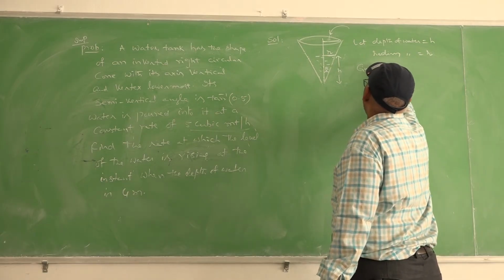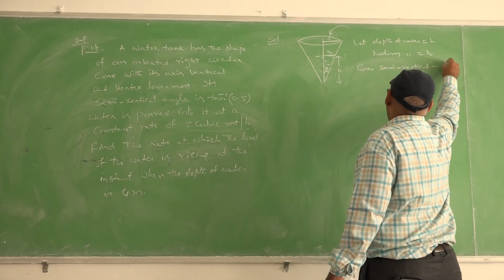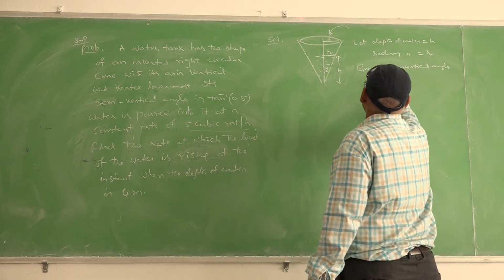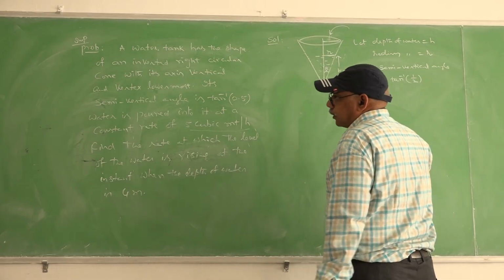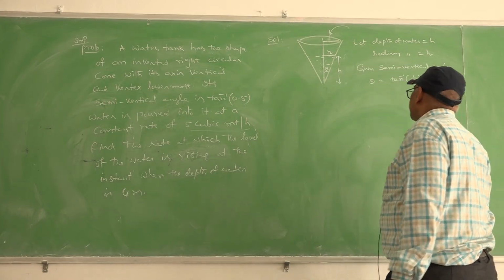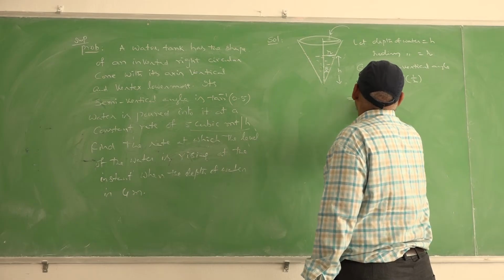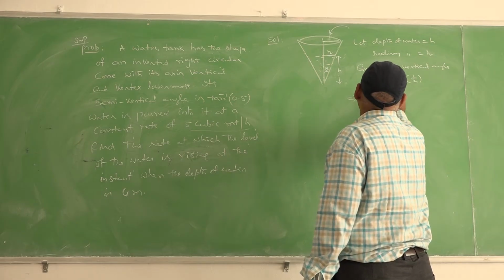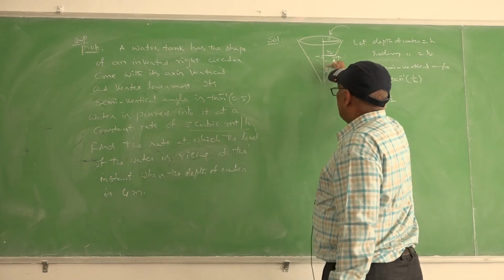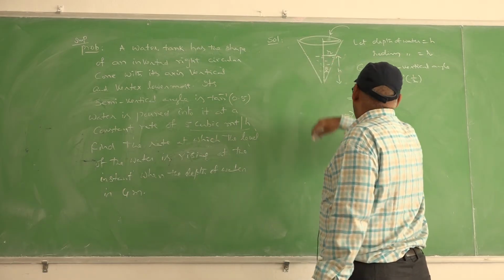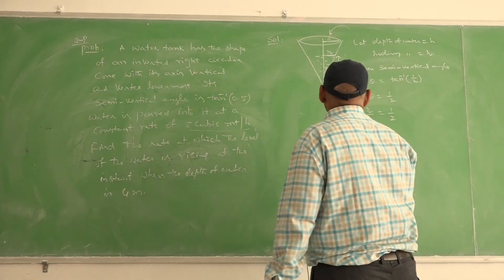Given the semi-vertical angle theta is tan inverse 0.5, meaning 1 by 2, that implies tan theta equals 1 by 2. From the figure, tan theta is opposite side by adjacent side, so R by h is 1 by 2.